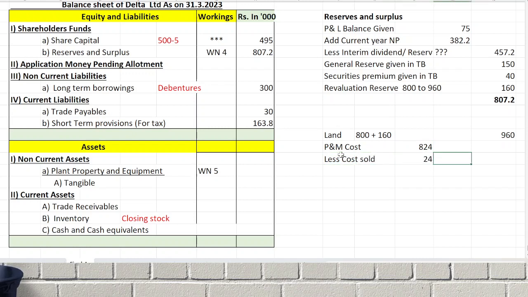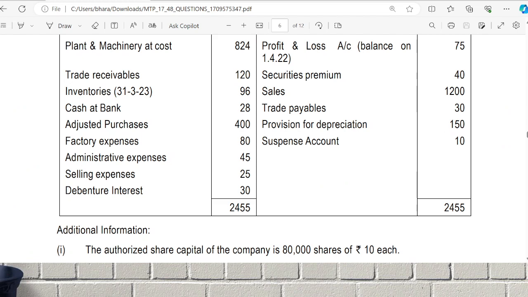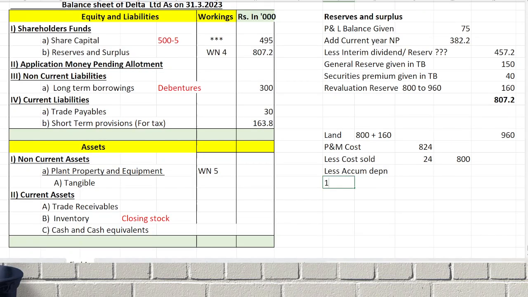Net balance will be, less accumulated depreciation. Wait, what was the opening balance of accumulated depreciation? The 150 is there, but don't take 150. 150 includes depreciation on the asset sold. On the sold asset how much is there? 20. So from accumulated depreciation 150, what will remain? 130. So only 130 will be subtracted.